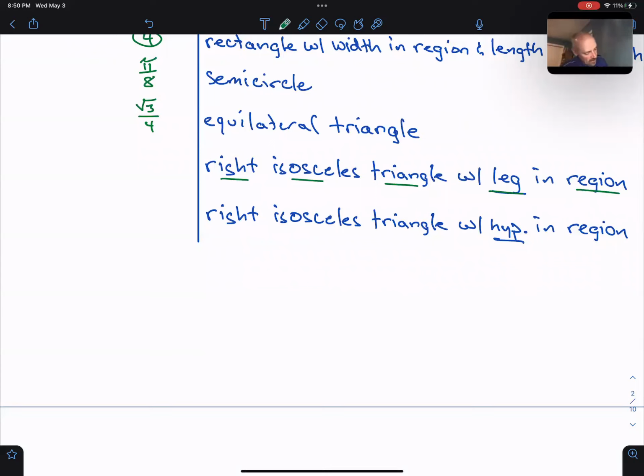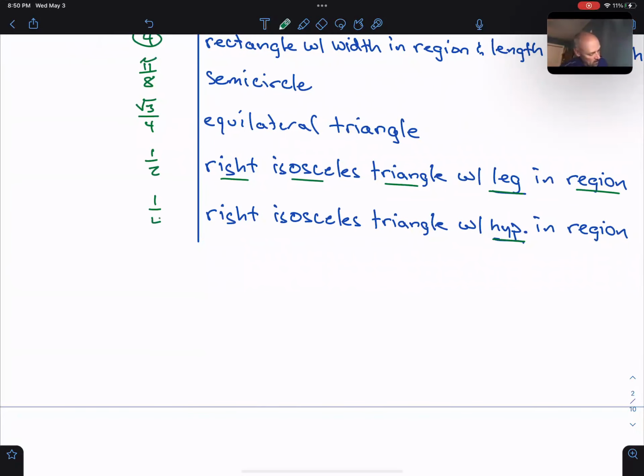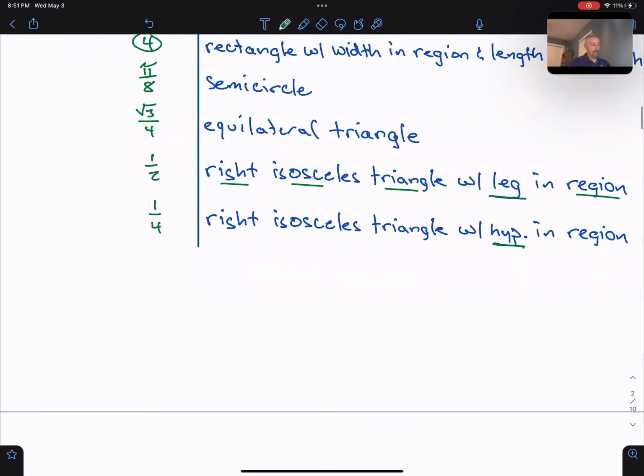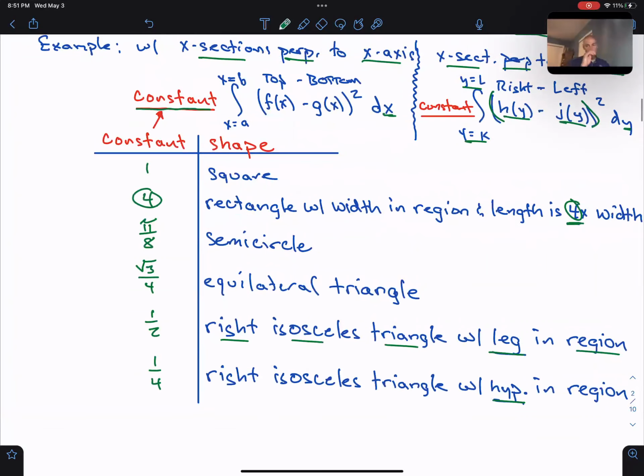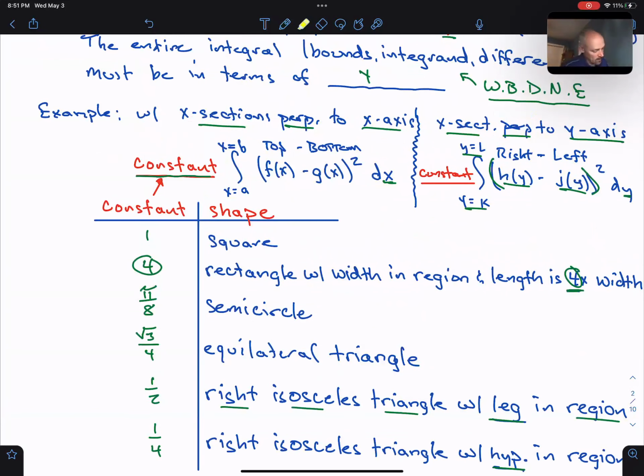If it's the leg, the constant is 1/2, and if it's the hypotenuse, the constant is 1/4. So it's a good idea to memorize those constants. The rest of the integral is pretty standard, either this one or this one, and then you just have to know what constant to put out front. All right, let's do some problems.